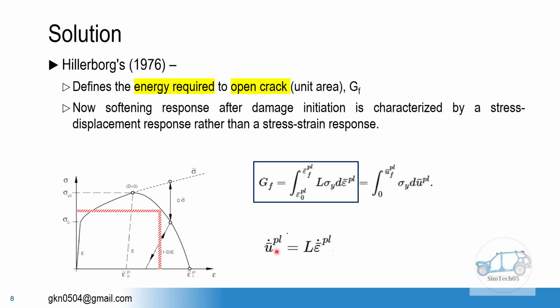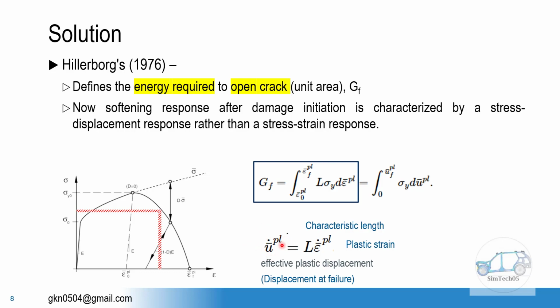As I told you, this du term can be defined as L into dE, and this L is nothing but the characteristic length of the element. U is our effective plastic displacement and E is the plastic strain. Sometimes this effective plastic displacement is also called displacement at failure, and this parameter we need to define in our damage evolution law.